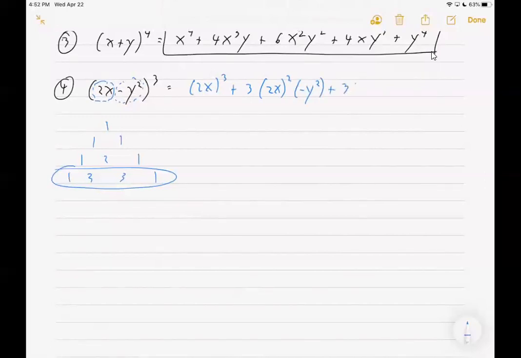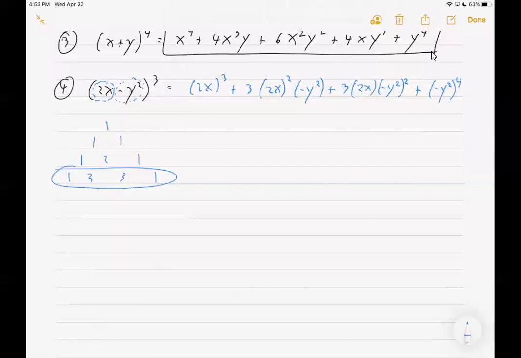And there are 3 ways to take the first factor once and the second factor twice. And then there's 1 way to take the second factor all 3 times. I should be saying term. There's the first and second term of the binomial, so we're going to count them as factors. So I muddled my language a little bit.